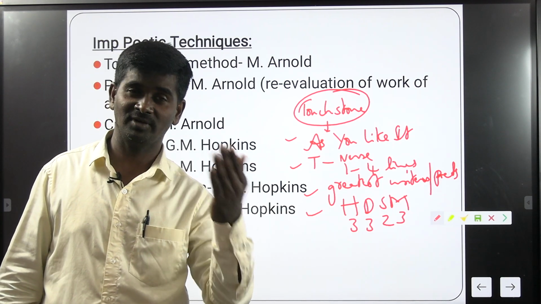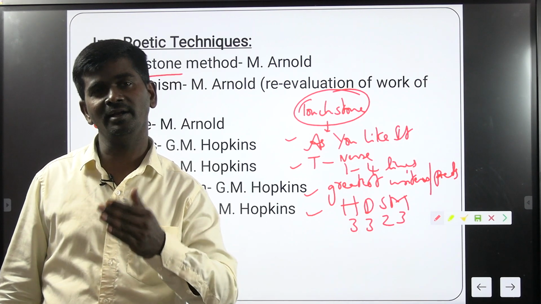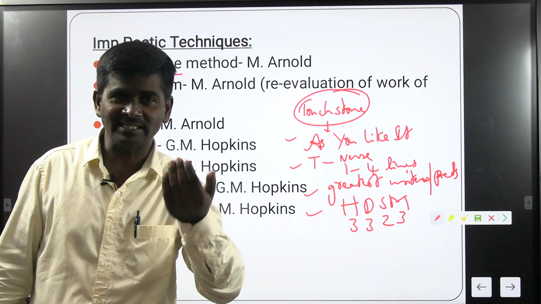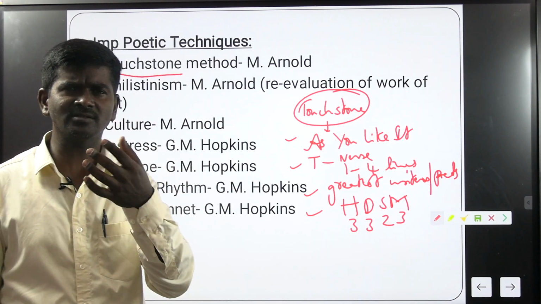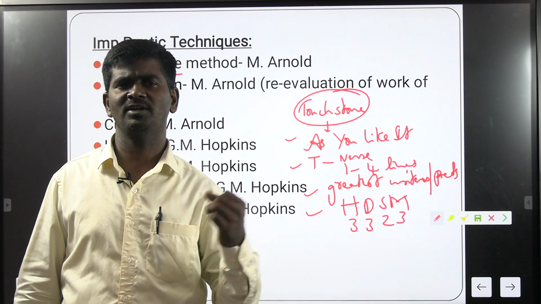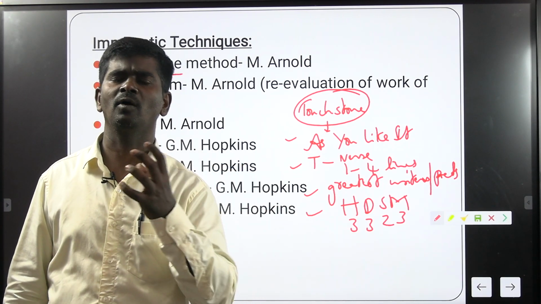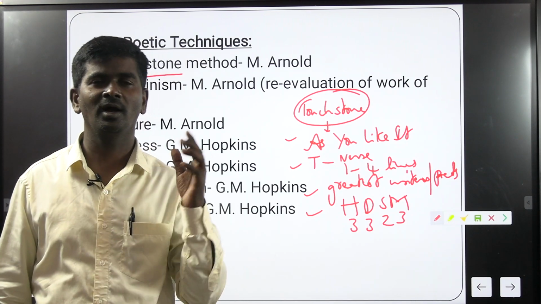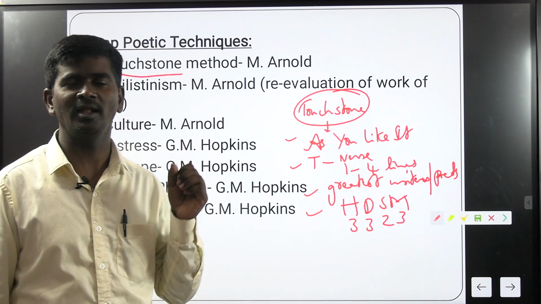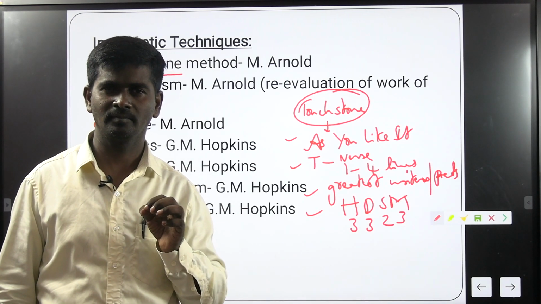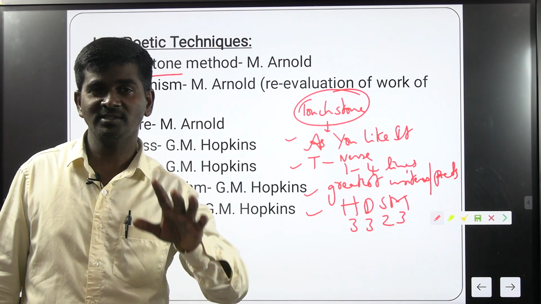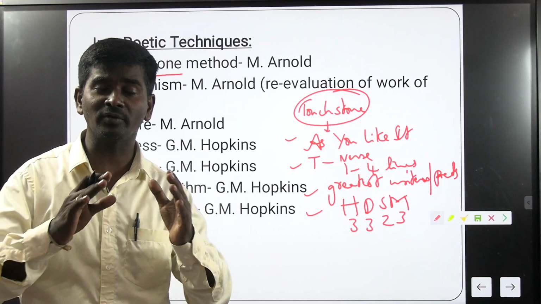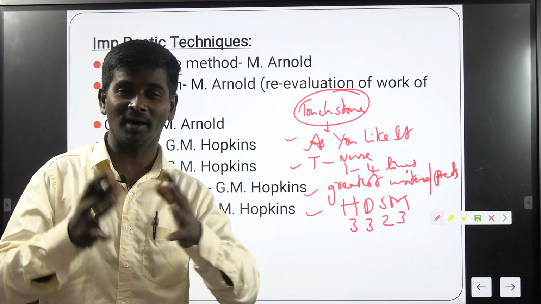The CE re-evaluates whether the AE did it properly or not. So here Philistinism means somebody evaluates a work of literature and the same work is evaluated by somebody else. This process, according to Matthew Arnold, is called Philistinism. It should be conducted in order to find out the quality of a good work of art.